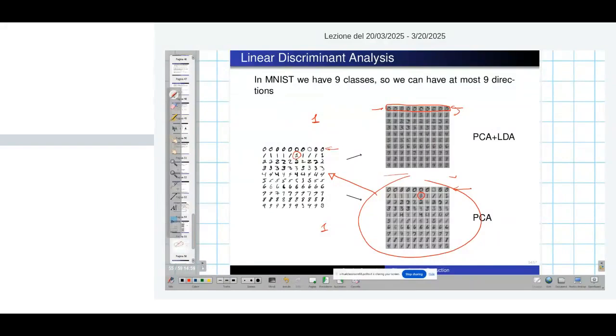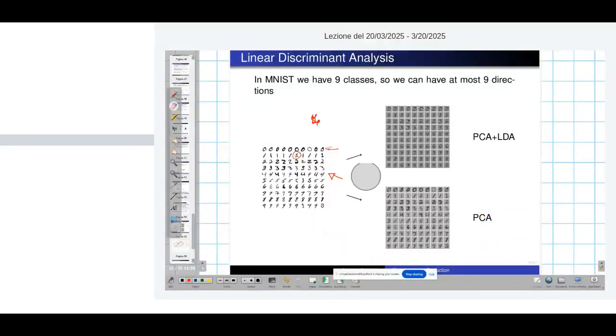And you can clearly see a difference with the images of the other classes. So it's doing exactly the opposite. It's throwing away the information that is irrelevant for the classification, and it's trying to normalize all images so that the images of one look something like this.